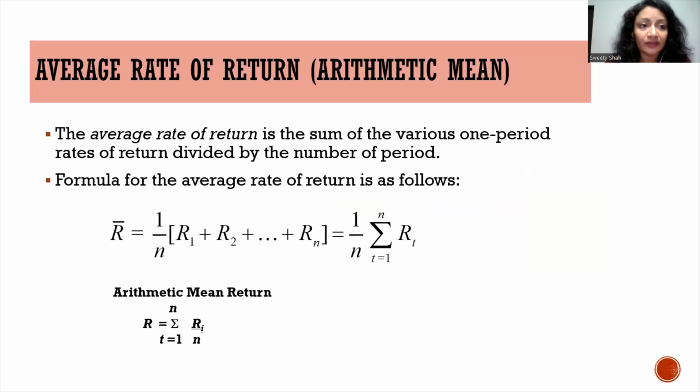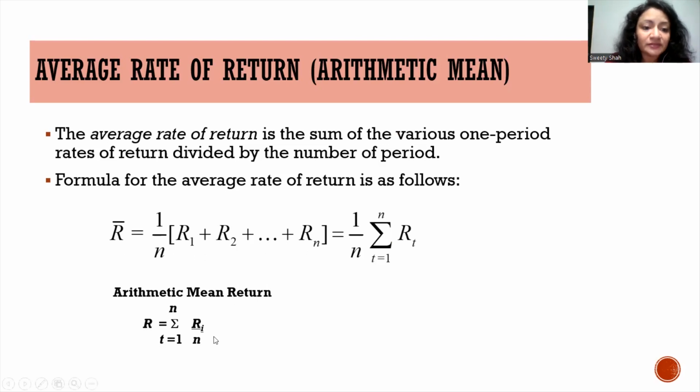Moving ahead. After learning how to calculate the historical or single period return, we are now shifting our discussion to the average rate of return. So what is this average rate of return? When multiple years or time periods are given along with the return values, and you want to understand how a particular asset is performing in the market, you calculate the sum of each of the return values and divide that by the total number of years.